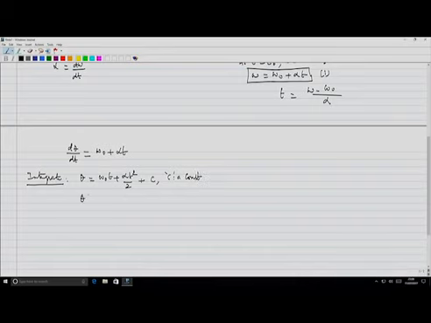Let us say that at time t is equal to 0, theta is theta naught. So when I put that, this implies c is equal to theta naught. Therefore theta is equal to theta naught plus omega naught t plus alpha t squared by 2.